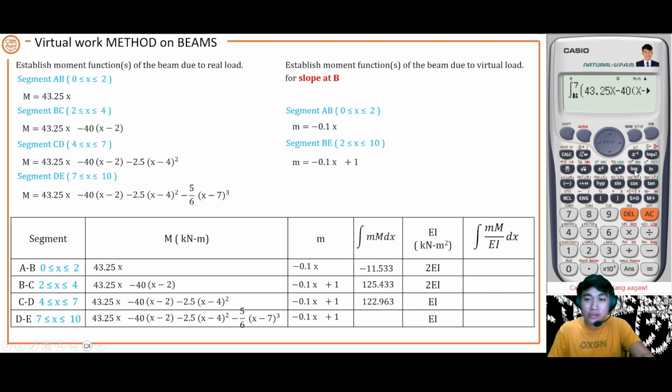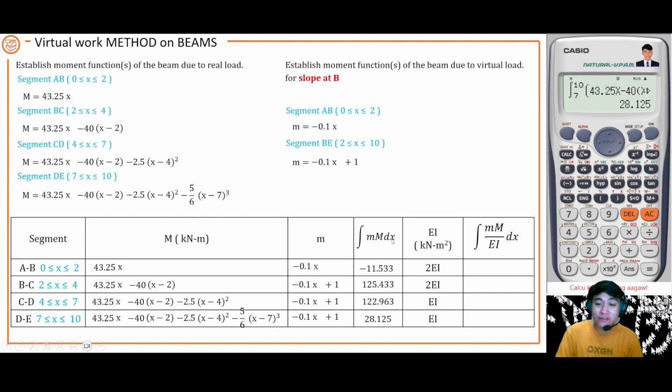Then the limit is 7 to 10. Syntax error. So 4 is minus 2 minus 2.5, minus 2.5 squared minus 5 over 6 cube. So the answer is 28.125.